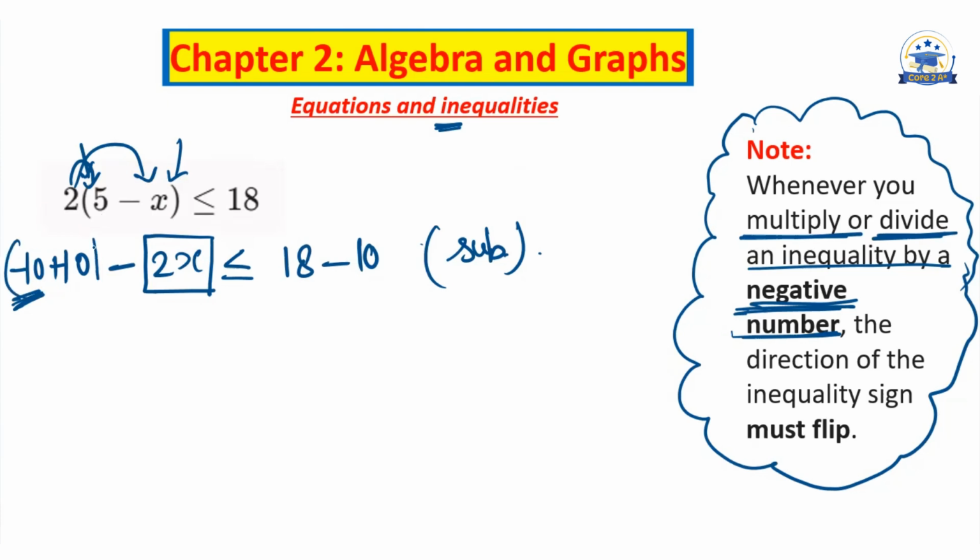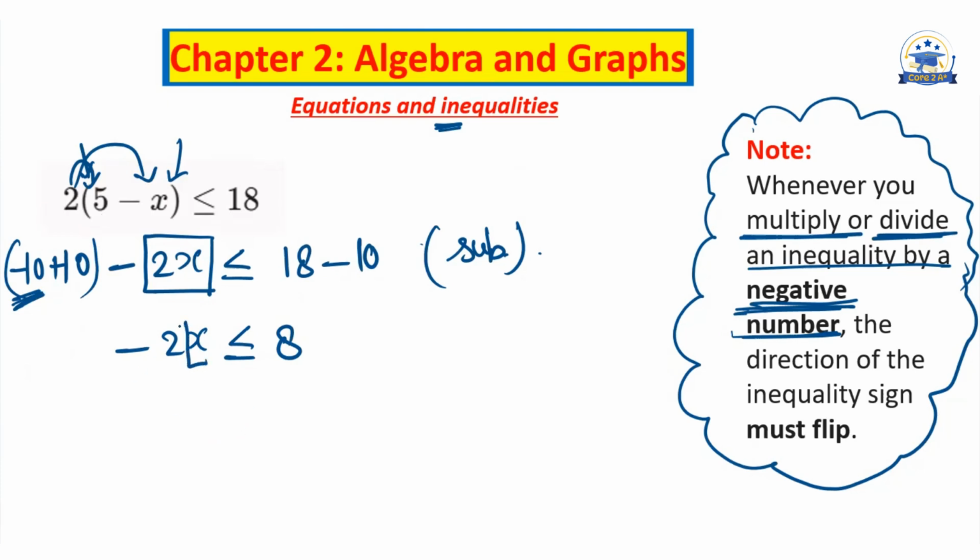So minus 10 plus 10 is 0, meaning nothing, minus 2x, okay? And then less than or equal to 18 minus 10, how much is it? It is 10, right? Now, the second step.